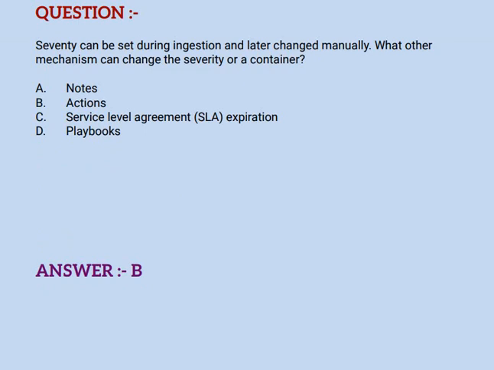Option C: service level agreement expiration. And option D: playbooks. The correct answer is option B.